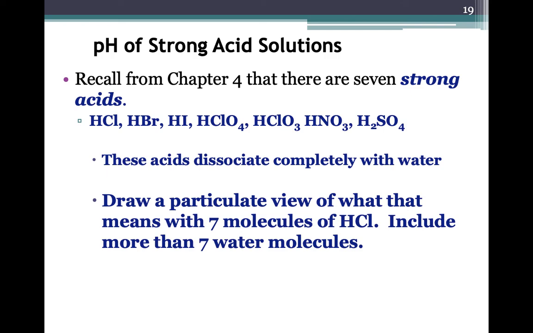I want you to draw in your notes a particulate or particle view of what it means when I say that it completely dissociates in water. I want you to have 7 molecules of HCl dissociated, and I need you to include 7 water molecules. So make sure that drawing is in your notes for submission to Plus Portals in eLocker.